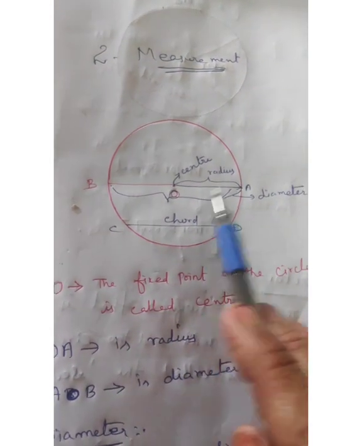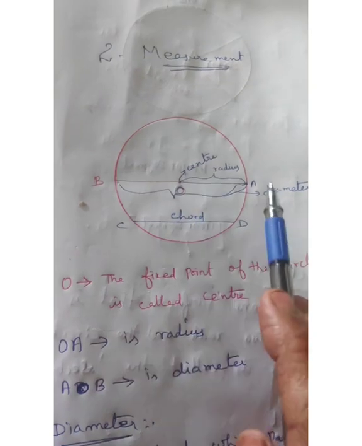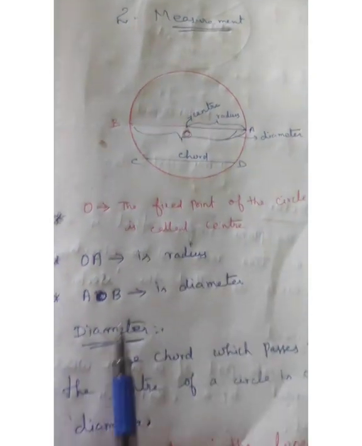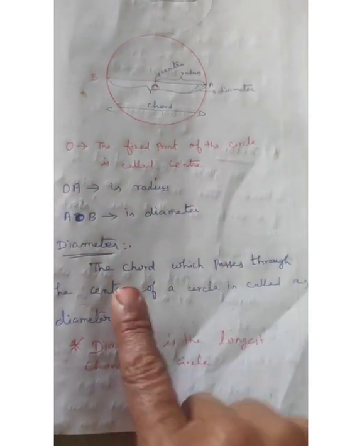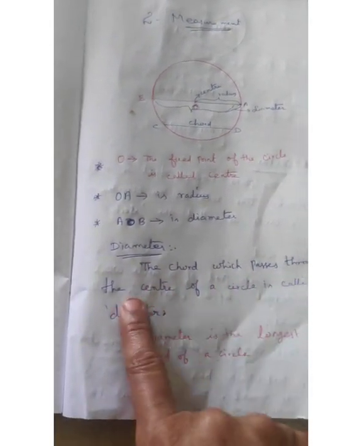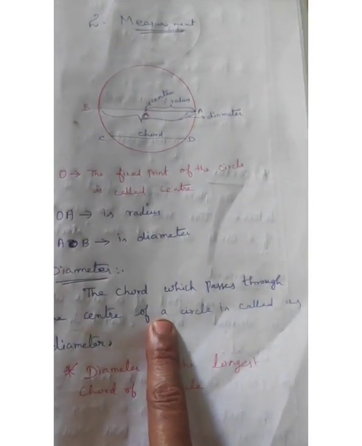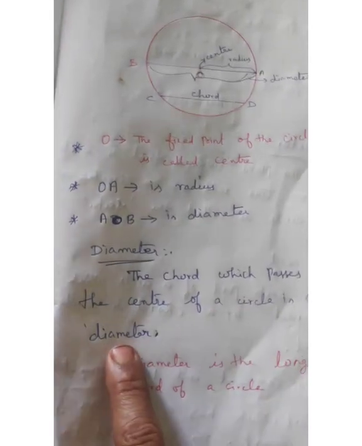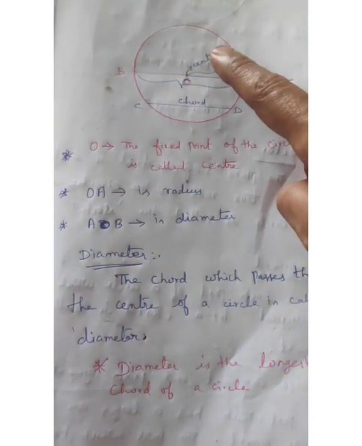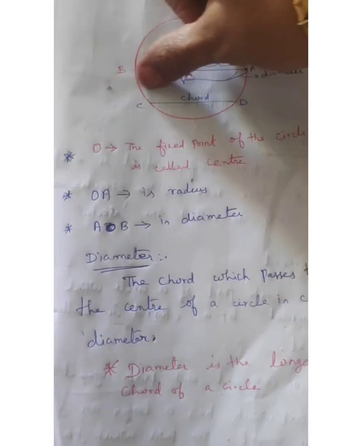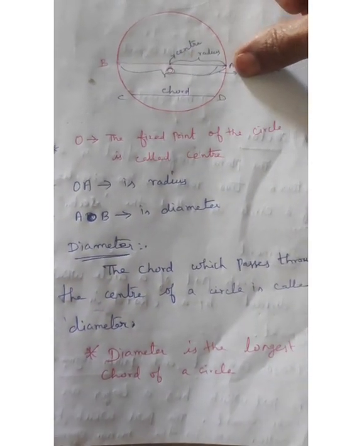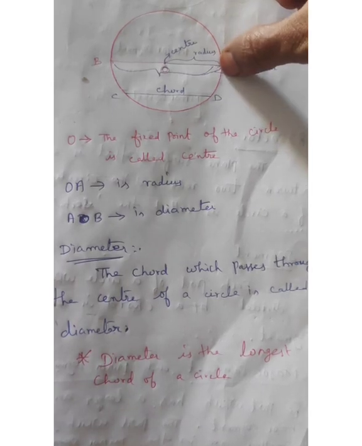OA is one radius, and AOB, this one straight line, is called the diameter. The diameter is the chord which passes through the center of a circle.